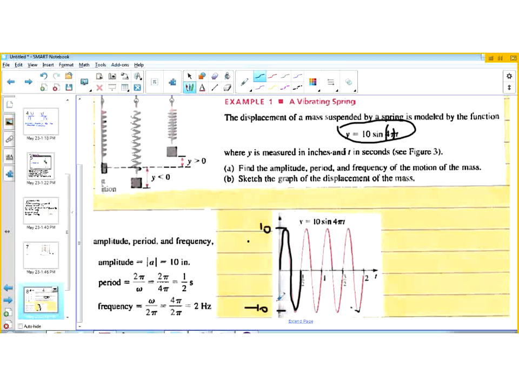The frequency is 2 hertz, so in 1 second, right here, we complete 2 cycles. So it's kind of a low frequency motion. I don't know what frequencies the human ear can hear, but I think there may be an example forthcoming.